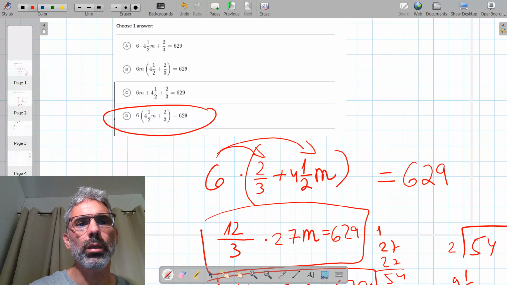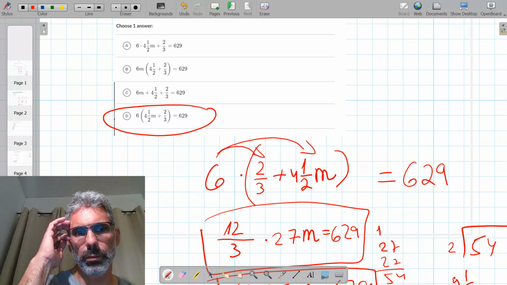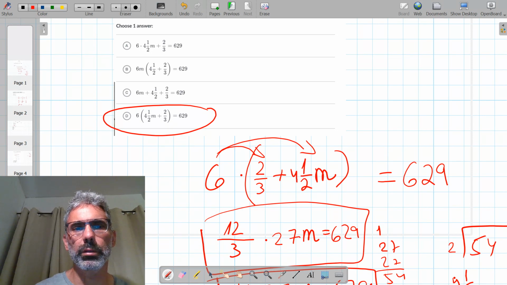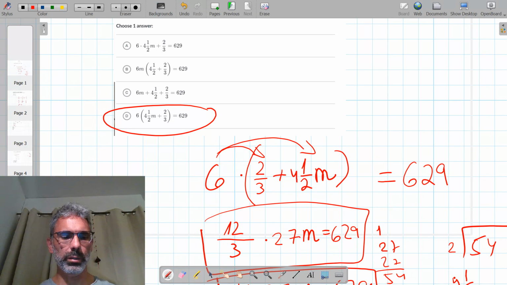Here the coefficient 6 is multiplied by m, the number of marbles. The m, the number of marbles, has to be multiplied by the mass of each marble. Okay, so this is the correct answer.